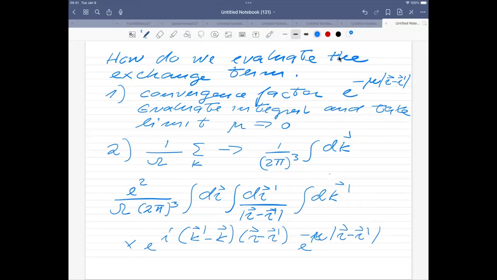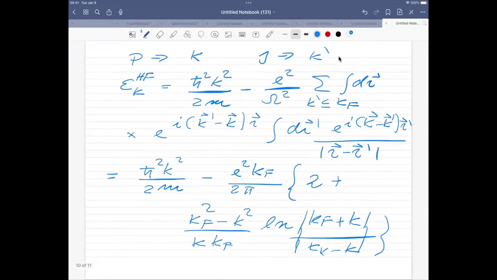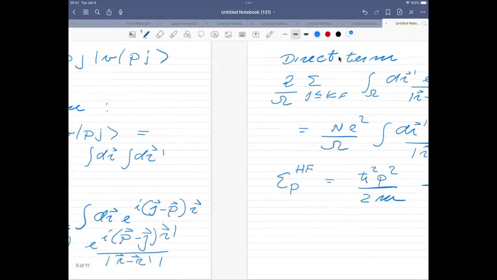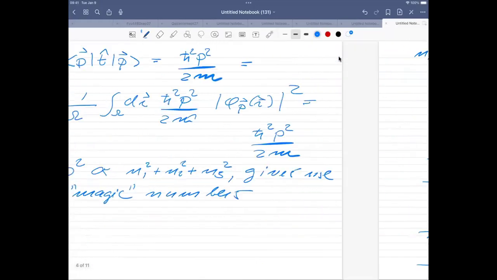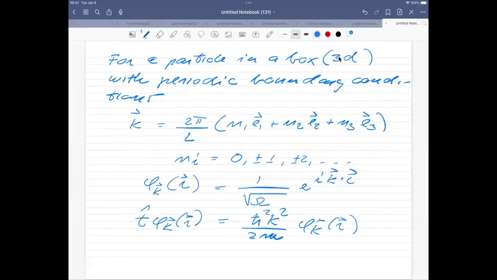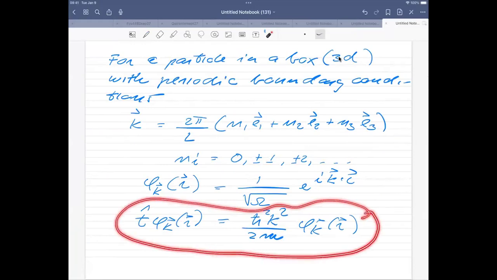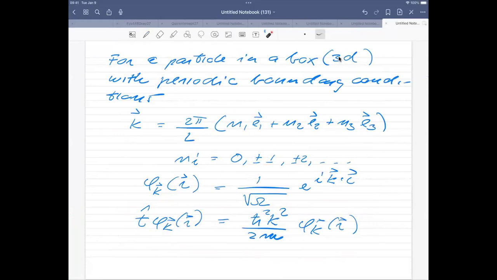Now, there's one thing which I haven't mentioned yet, which is important. If you now go back to the solution of the problem with just a kinetic energy term, which means this solution which you see here, this is a solution to Schrödinger's equation if you only have a kinetic energy and you're looking at a particle in a box. Then the energy given by these discretized values of k is simply given by this quantity here, and a plane wave function, which is the one you see here.